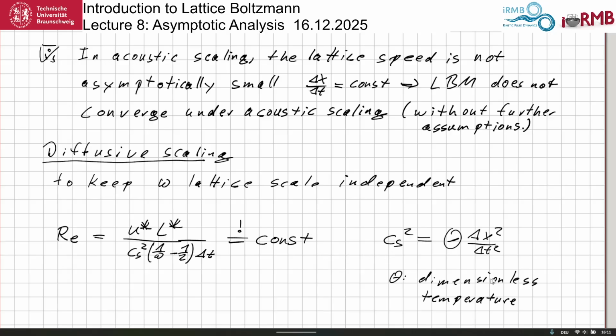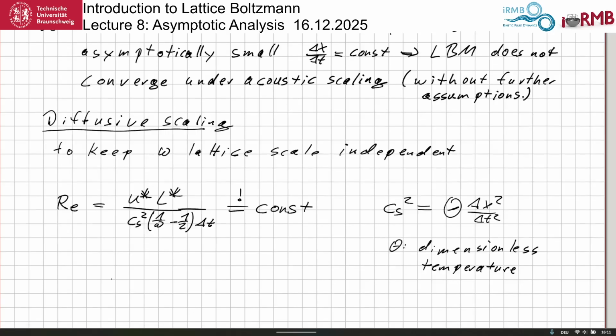So the point here is I want to take the dimensions out of the C_s. This I do by writing a dimensionless number here, and if I do this, I can write my Reynolds number as U star L star divided by theta delta x squared by delta t squared, times 1 over omega minus 1/2, and then I have to multiply this by delta t.